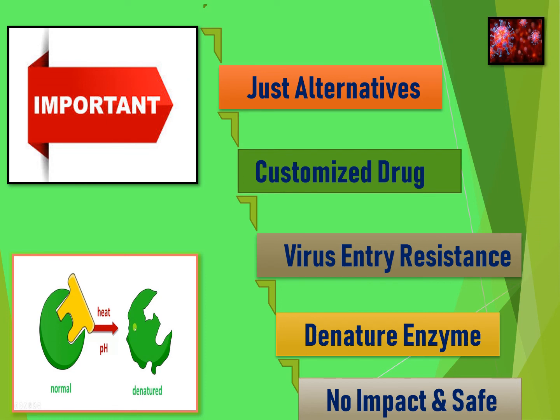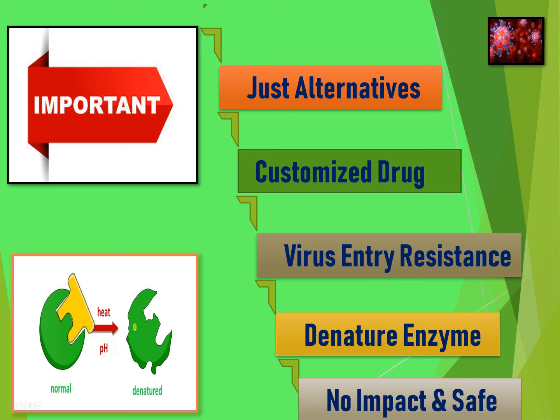Whatever we are treating, here we need to look at some very important points. Whatever medicines we are using right now are just alternatives, so we are not sure how best they can act and to what extent.